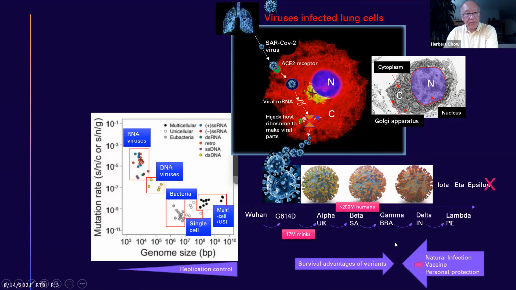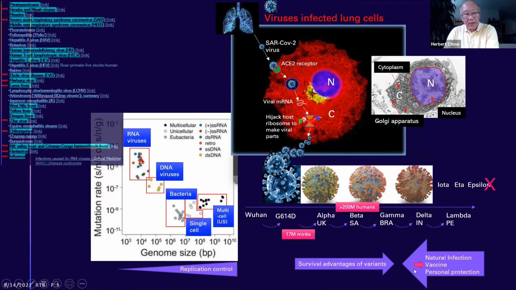And this equilibrium will become what I showed up here, and COVID or SARS-CoV-2 will join this long list of RNA viruses and become endemic and live among us for years to come.